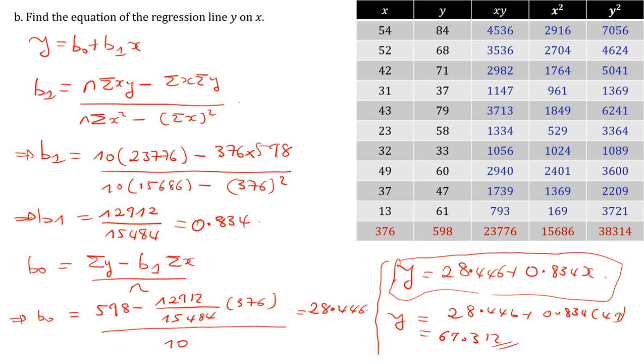So when x is equal to 13, we have 0.834 times 13, then plus 28.446. Yes, so still too far. So it is because of the correlation coefficient that we saw. The relationship between both variables is not really that strong. Okay, so let's proceed.